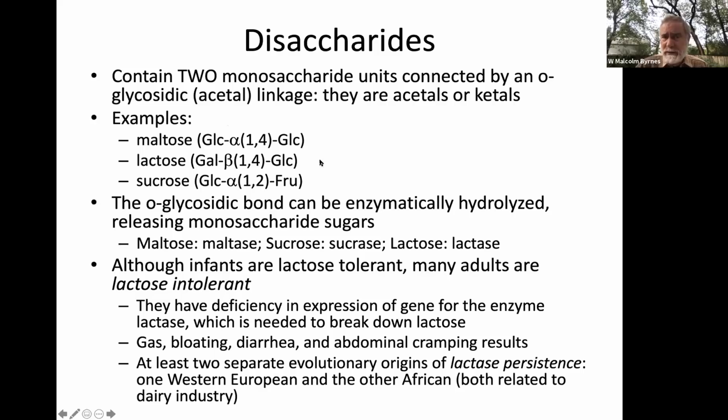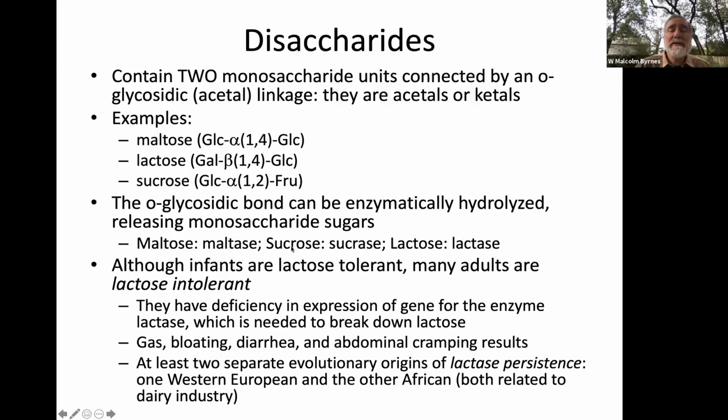We'll look at each one of these. That O-glycosidic bond can be enzymatically hydrolyzed, releasing the monosaccharide sugars. Maltose is cleaved by the enzyme maltase, sucrose by sucrase, and lactose by lactase, which is also known as beta-galactosidase.